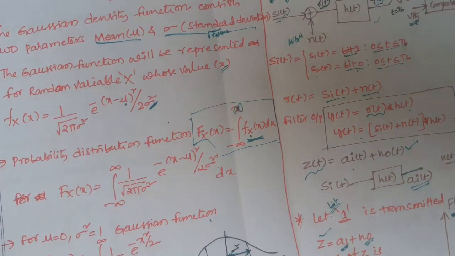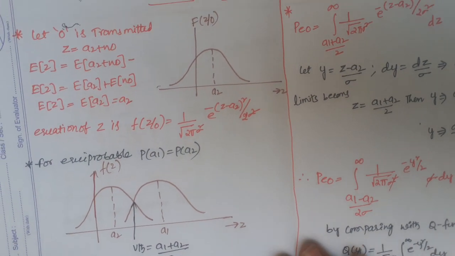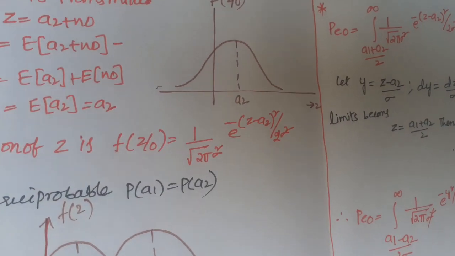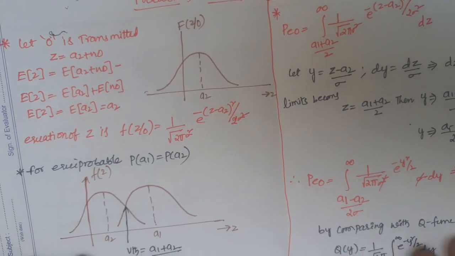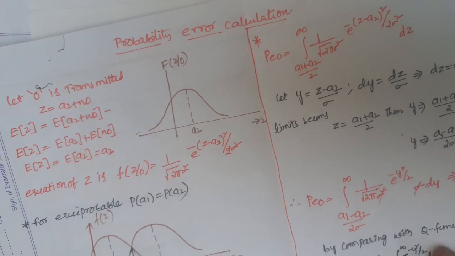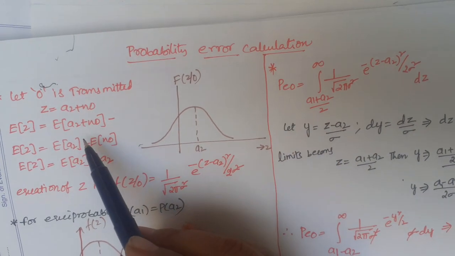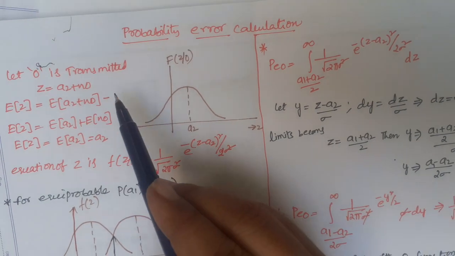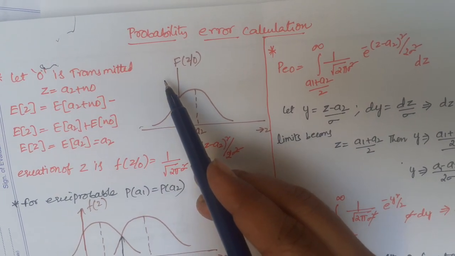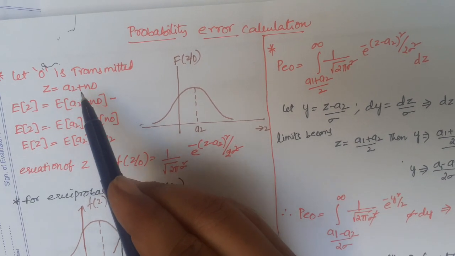Now if you see the bit 0 transmission, the same concept applies. Let bit 0 be transmitted. Similarly, the filter output Z is equal to A2 plus N0.